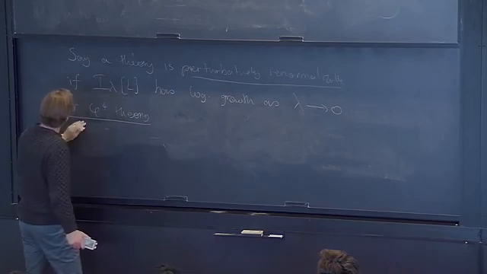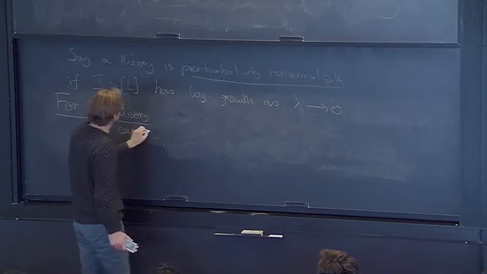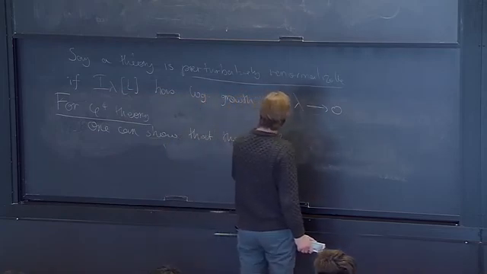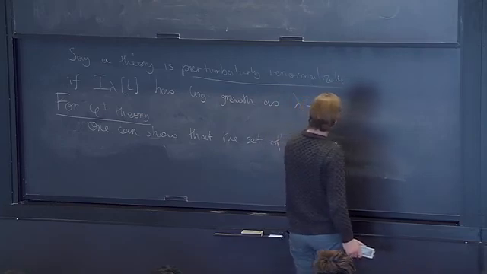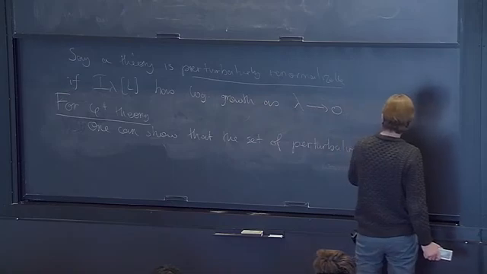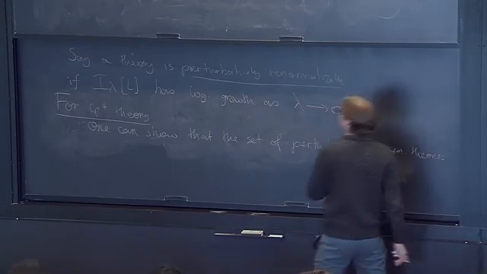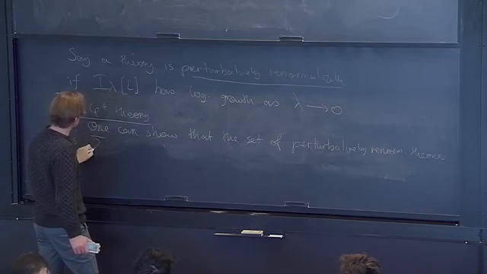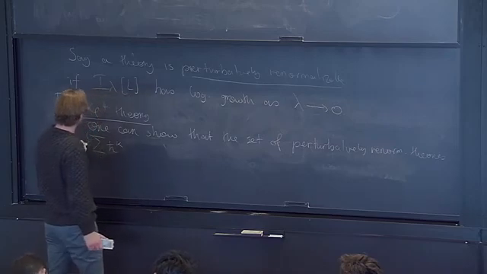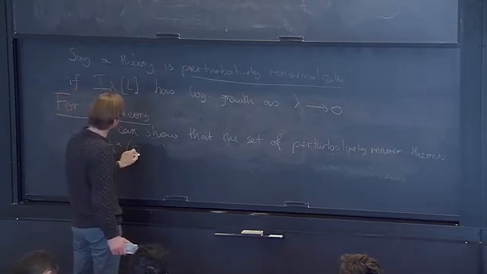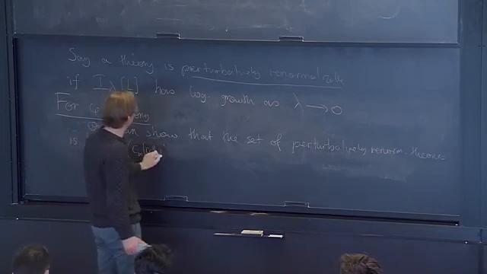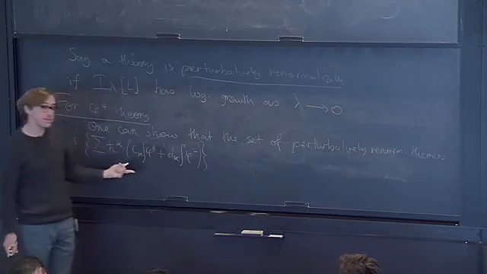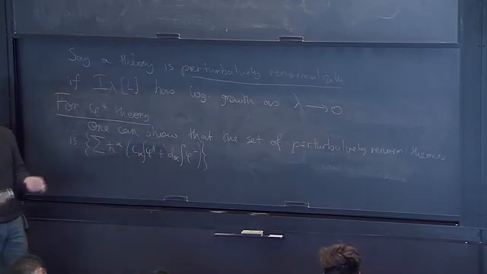You can show the set of perturbatively renormalizable theories is given by things like the series in h bar with coefficients where the only coefficients we're allowed to have are the phi-4 and phi-squared terms, as long as we impose all the symmetries.